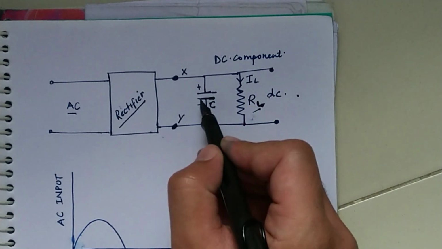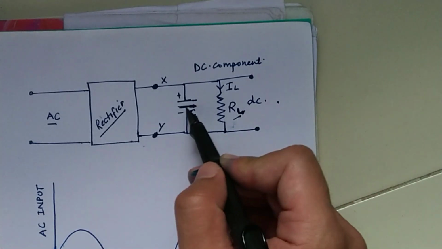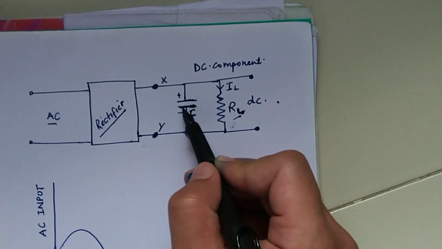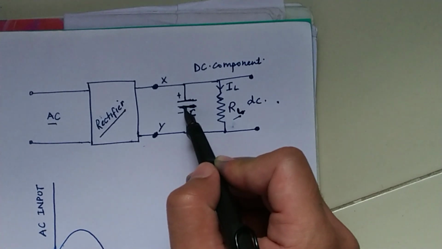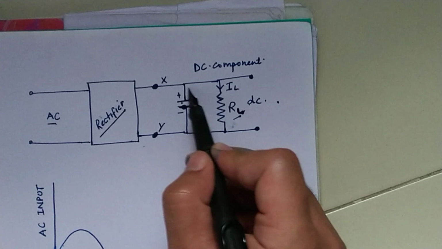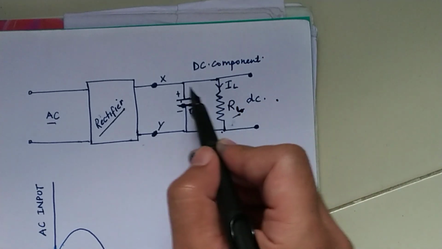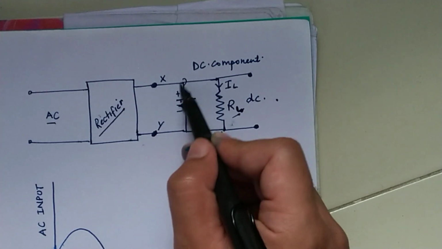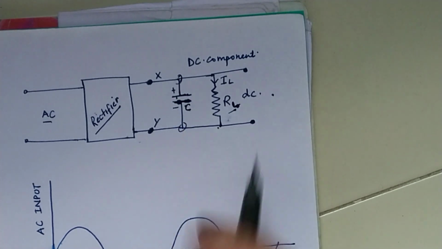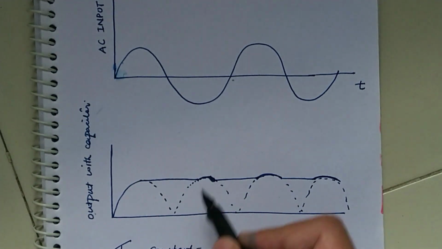So because of this capacitor, when the AC input is negative, RL still gets positive voltage because of the stored charge in this capacitor. This capacitor is connected in parallel, so both the terminals, this and this point, are getting voltage from this capacitor.